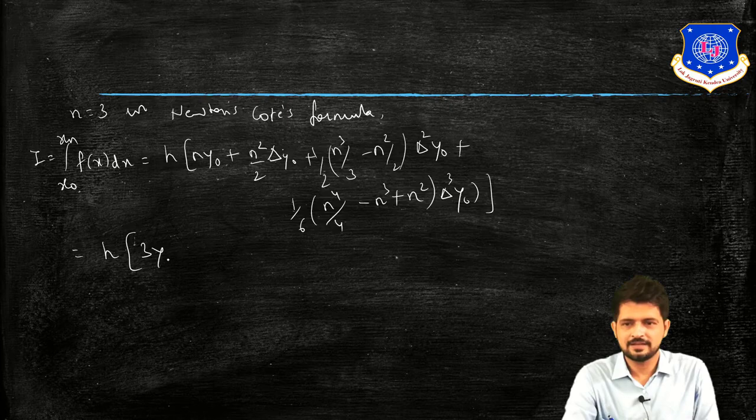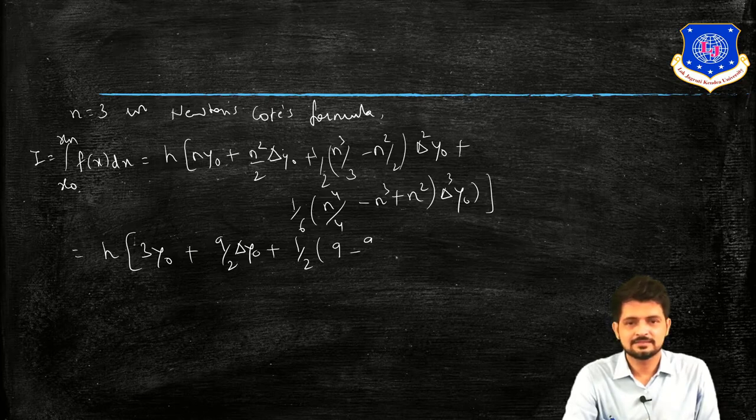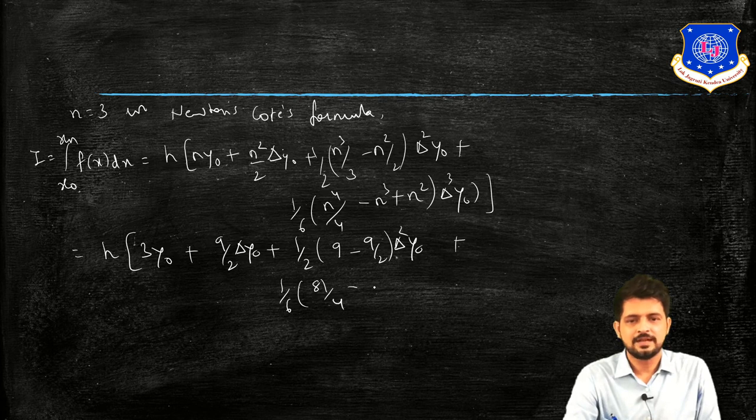So I can write here 3 y0 plus 9 by 2 del y0 plus 1 by 2 into 27 by 3 is 9 minus 9 by 2 into del square y0 plus 1 by 6 into 81 by 4 minus 27 plus 9 into del cube y0 and so on.